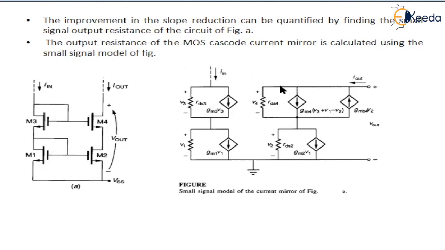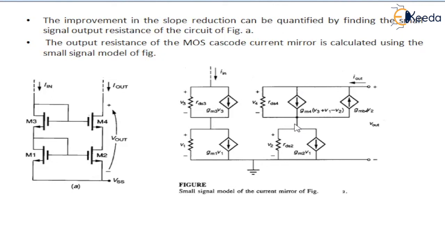The current flowing in this branch will be I out plus GMB4 V2 minus GM4 times (V3 plus V1 minus V2). And V out is equal to V4 plus V2, and V2 can be written in terms of I out, the total current.